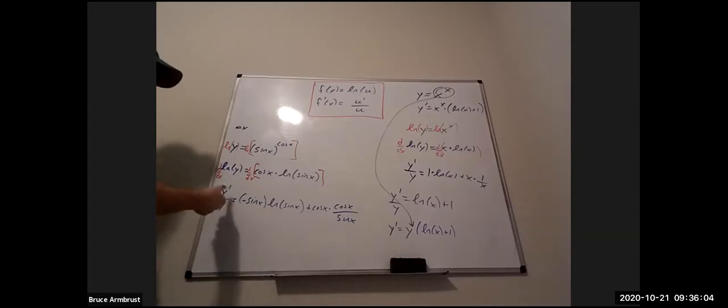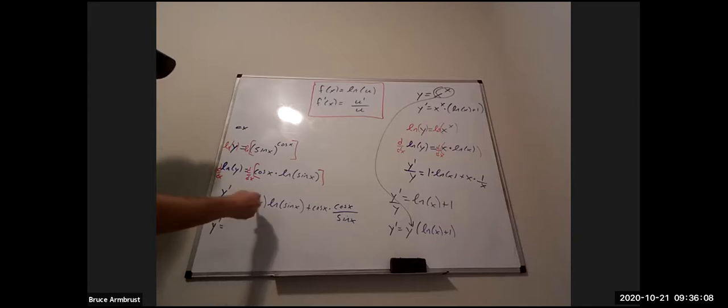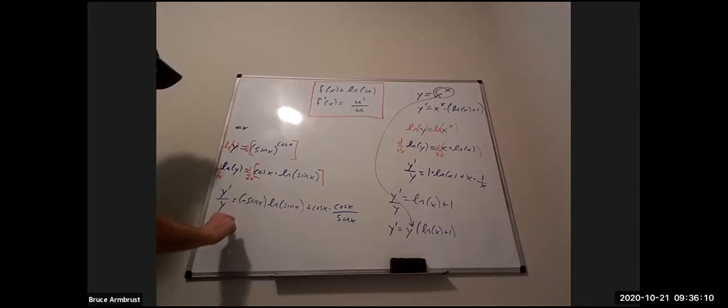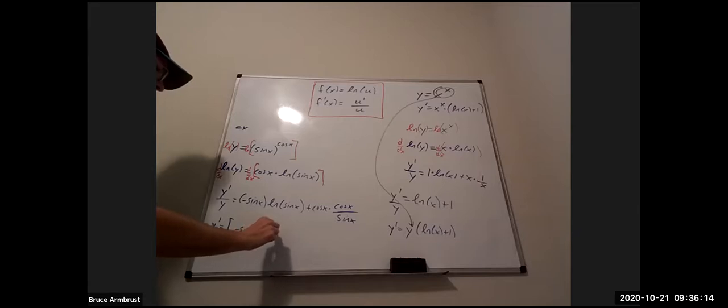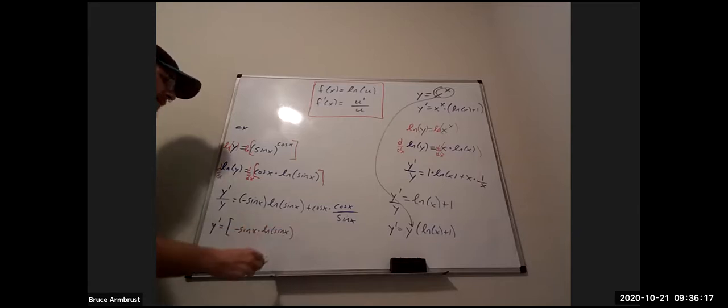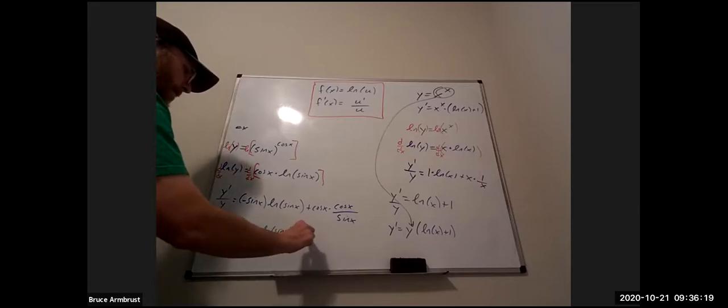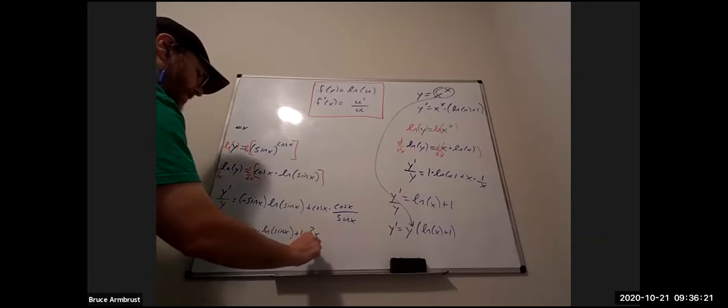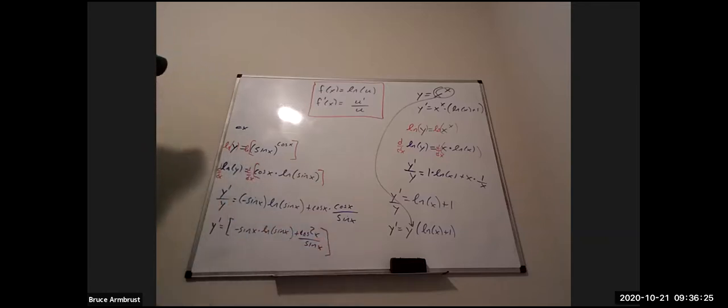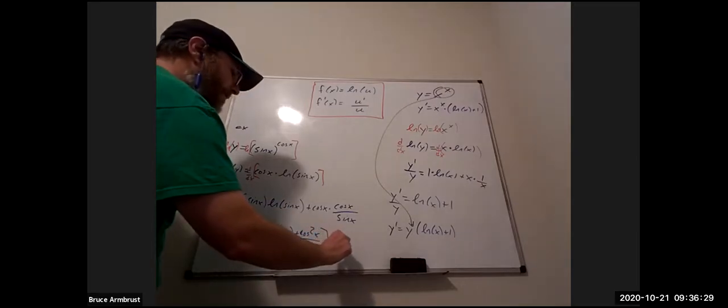And now I need to solve for y prime. So y prime is going to be all of this stuff, negative sine of x times natural log of sine of x plus cosine squared over sine of x, times y. Well, let me bring that y back in.